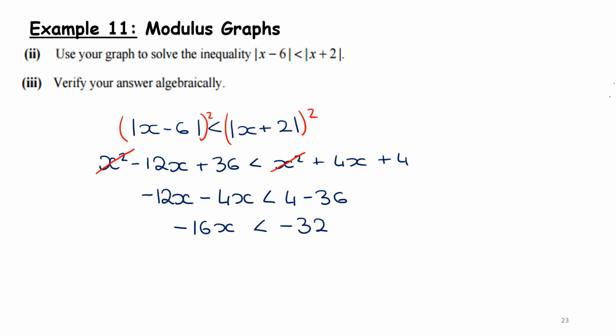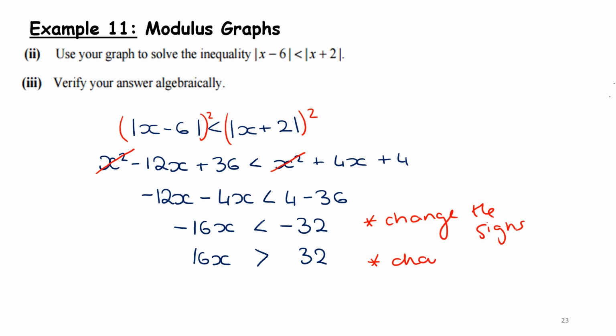I am going to change the signs, which will involve changing the inequality. So I'll make a little note, change the sign. So I flipped it. It was a less than, it's now a greater than sign. So I then can divide with no issues, and that gives me x is greater than 2, which is the same answer as we've got before.